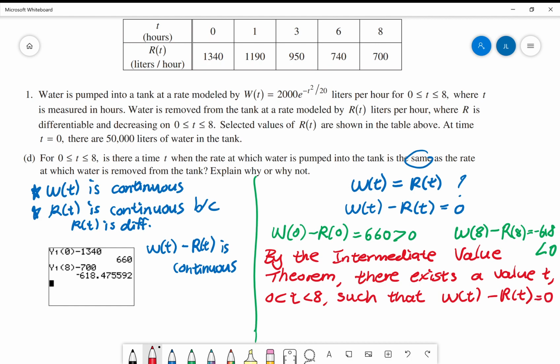In other words, because the signs change, and because these two functions are continuous, at some point the difference will be 0. And of course, this implies that at some point W of t will be equal to R of t. So there is a time where the two rates are the same. And this is the end of question 1.